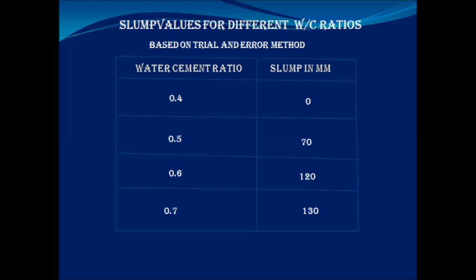And this is the slump value for different water cement ratios, which is based on the trial and error method.